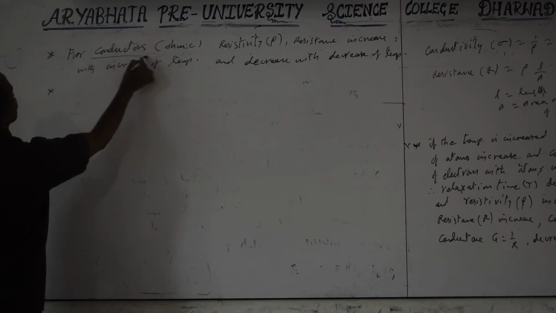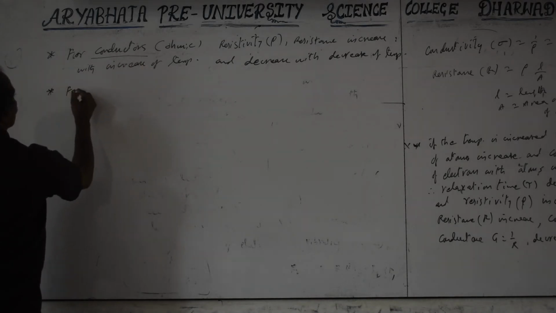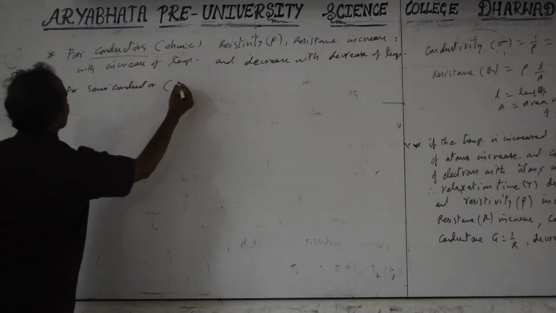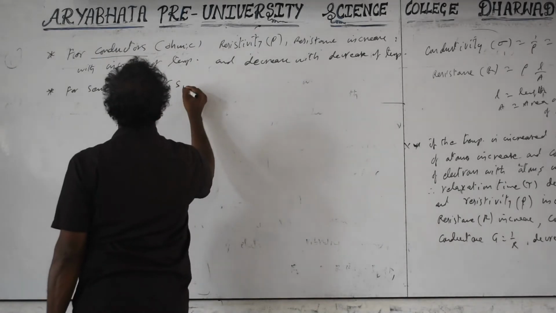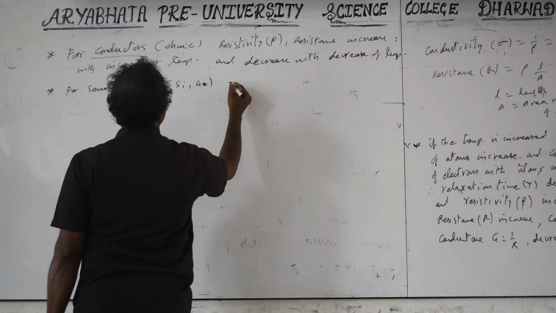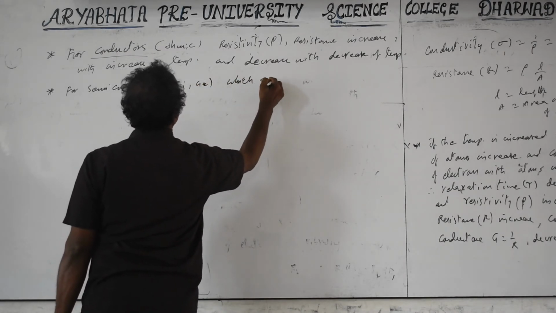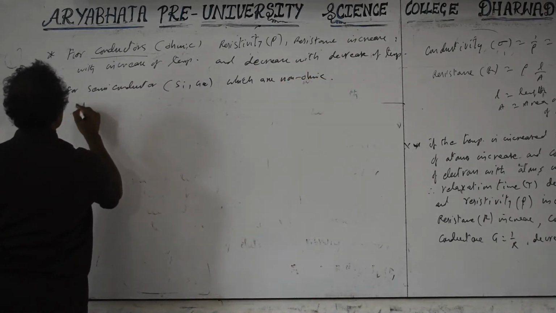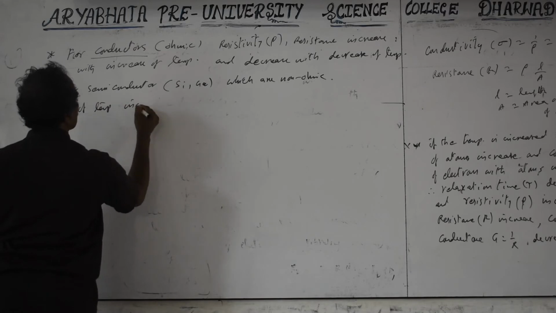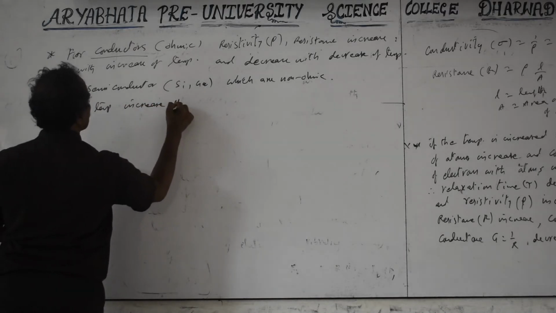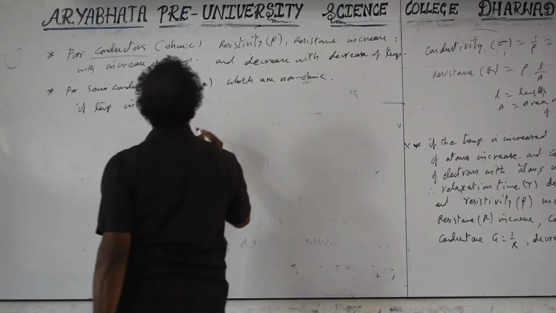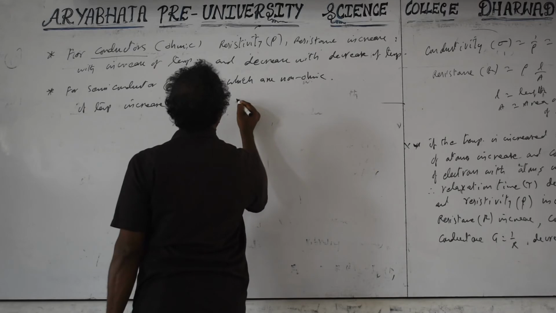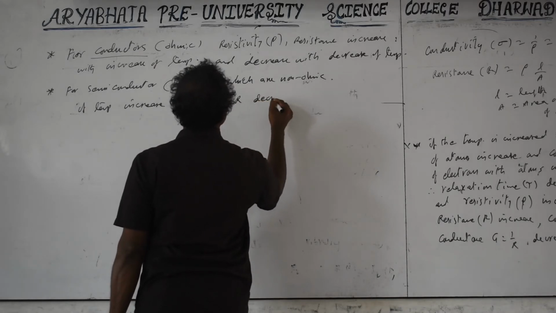This is for the conductors. But if you take semiconductors, it is reversed. Semiconductors, for example silicon, germanium, which are non-ohmic also. If temperature increases, then resistivity rho, R decreases.